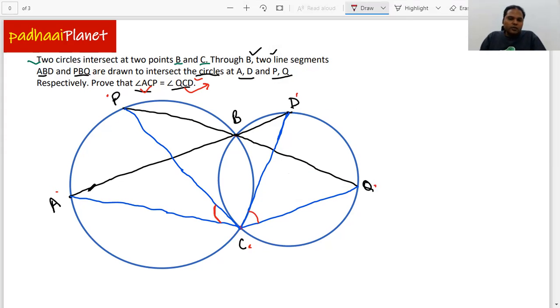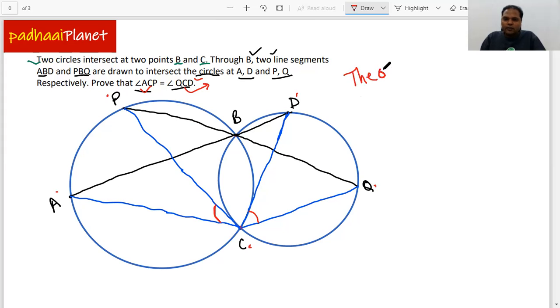Now this question, when we look at this diagram, looks extremely tough and very complex, but it is very easy and it will get solved in two or three steps only. The only thing is we need to be very, very clear about the theorem which is going to be used in this question.